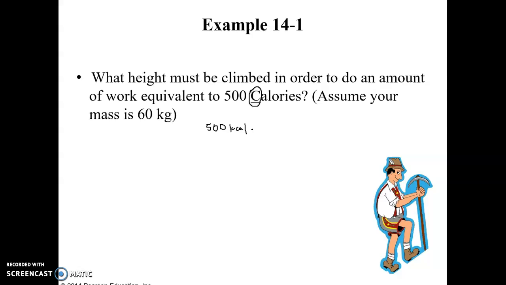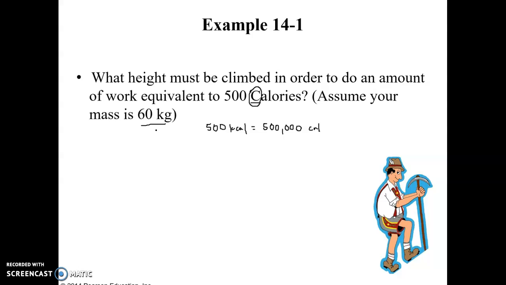Okay, and so a kilo is 1,000. So what we're saying is this is 500,000 calories, little c calories. Okay, and we're assuming the mass of this climber is 60 kilograms.